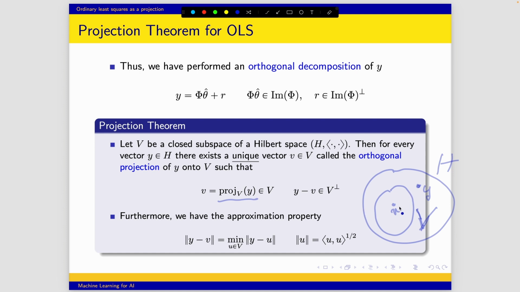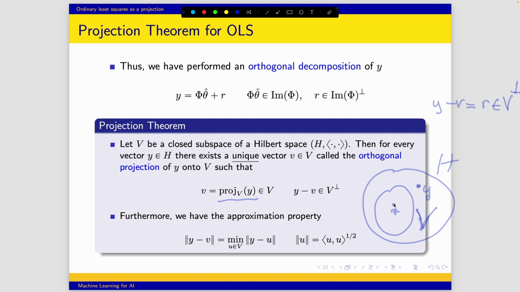Now, the difference between this and this, y minus v, we can call this a sort of error or a residual, r. And that residual will lie in the orthogonal complement of V. Now, we want to find the best approximation of y using some vector in here.